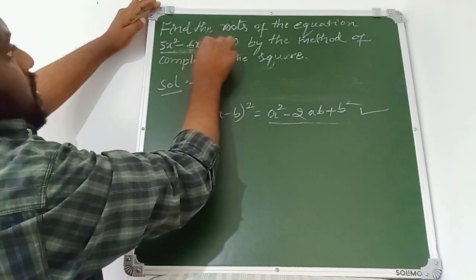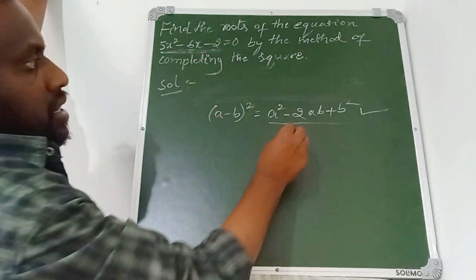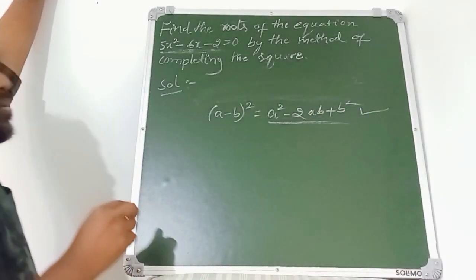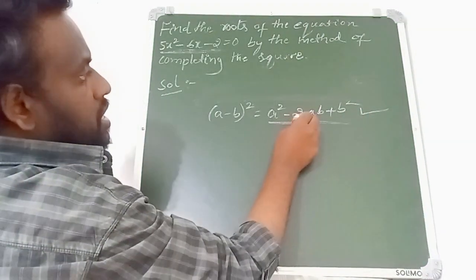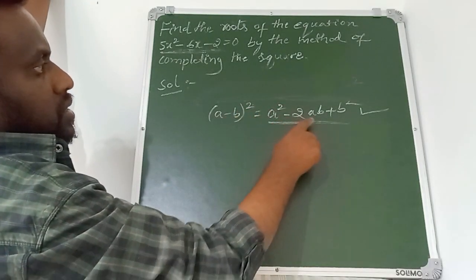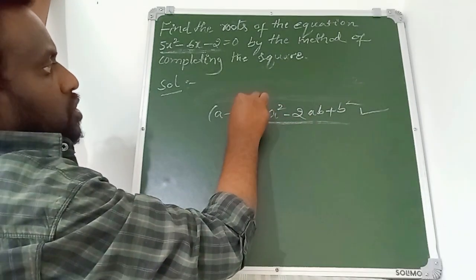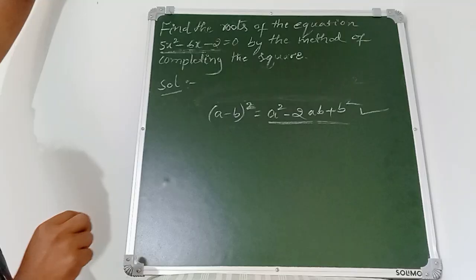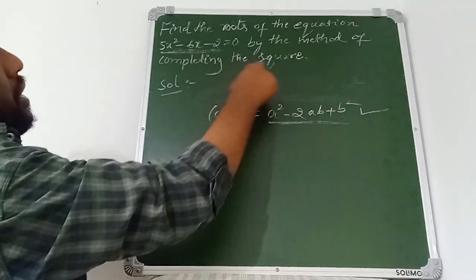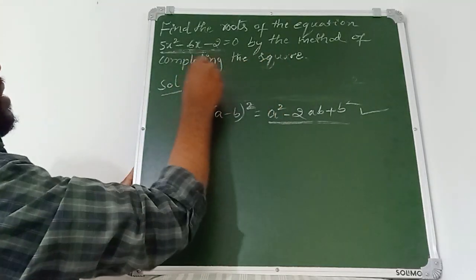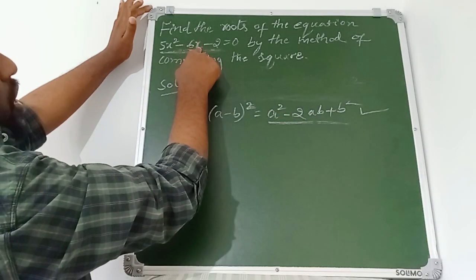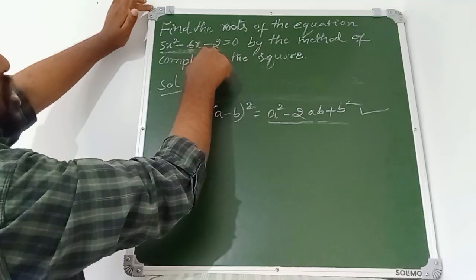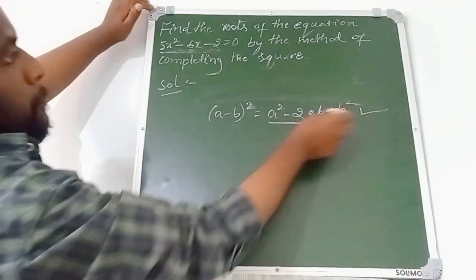Now this equation is not exactly in the form of this. So this side is equal to this. Here we have a square. Completing the square means, see, this is not exactly in the form of this. We have to change this equation into this form.